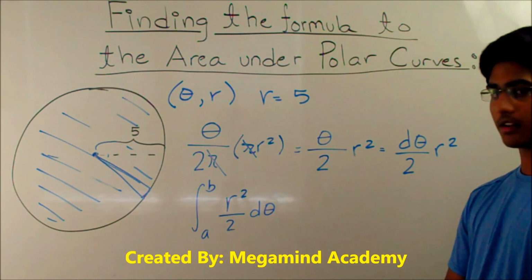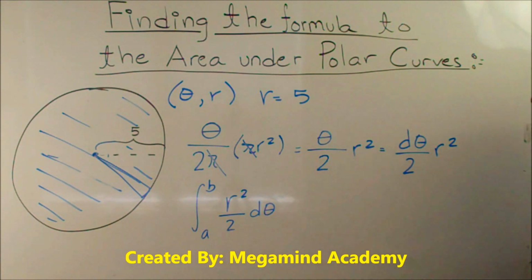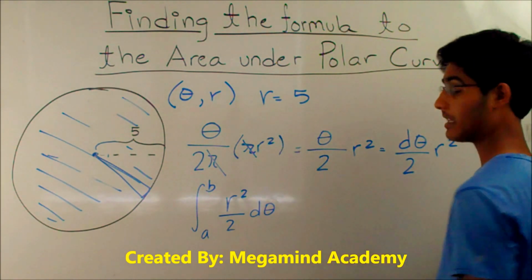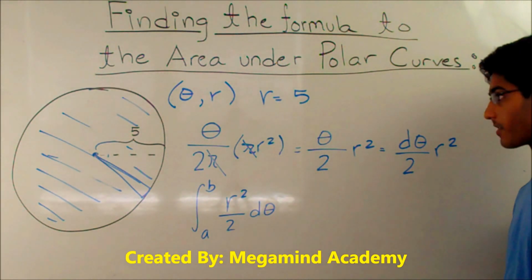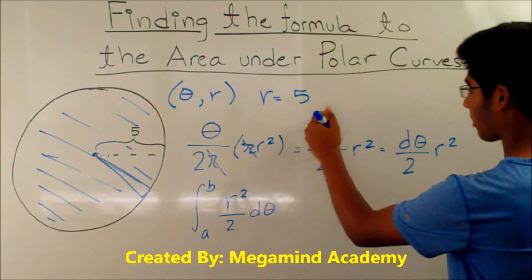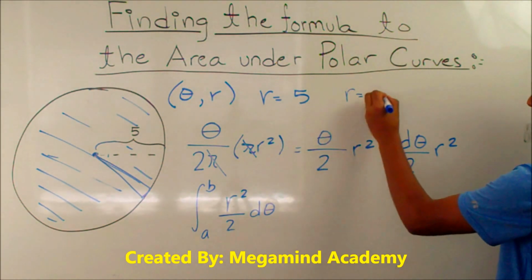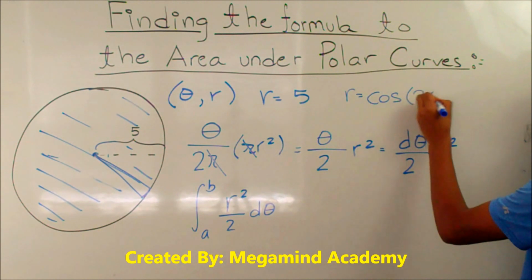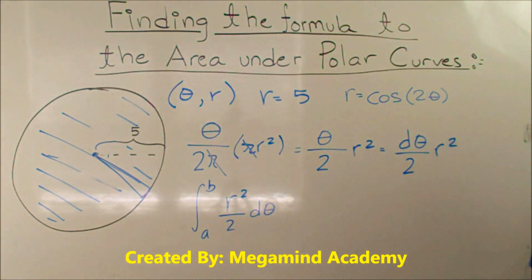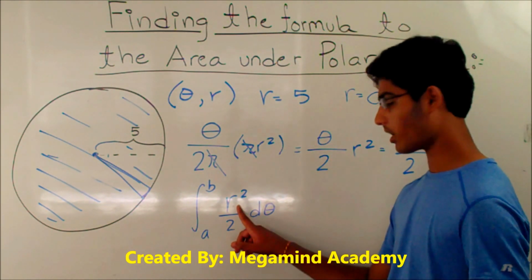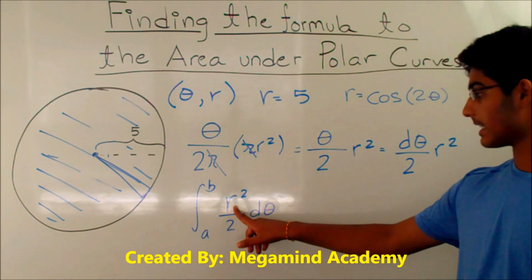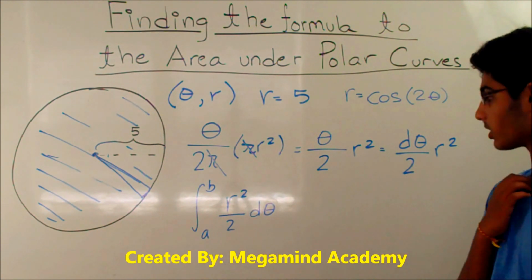So how do we do that? Well, we know that r is always a function in terms of theta. So it could be r is equal to 5, or r is equal to cosine 2 theta. But in polar curves, r is a function that's in terms of theta. So it's simple, we just substitute whatever our function is in for r, because that's what r is equal to.